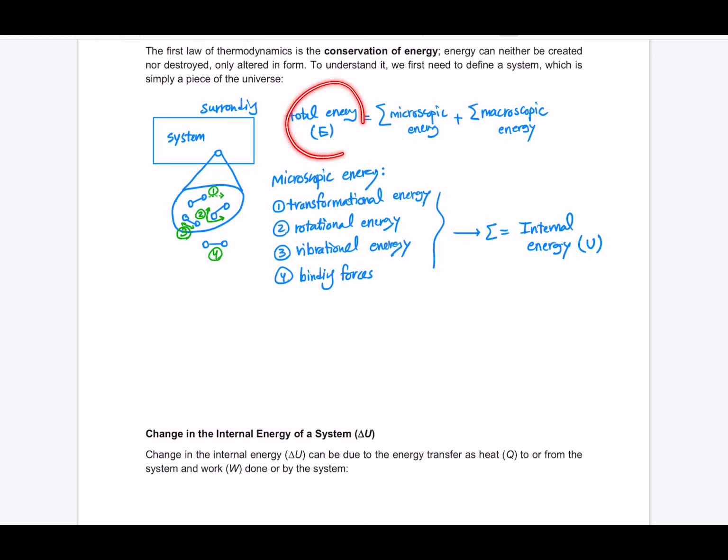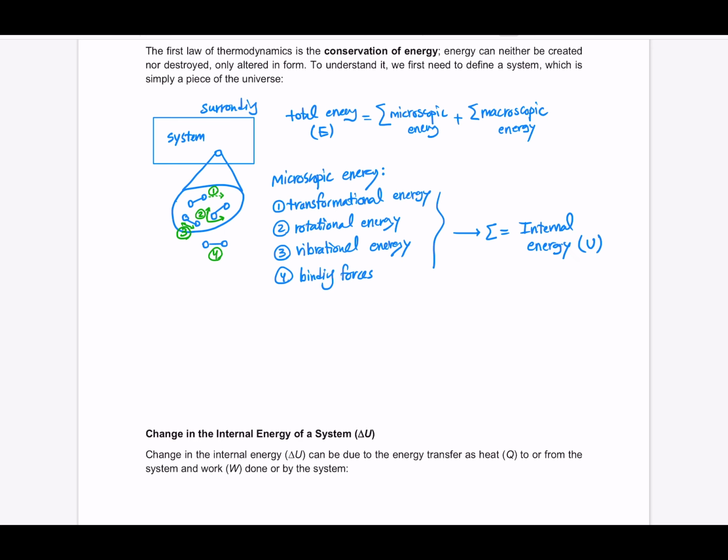But then here, the total energy can also have some macroscopic energy. So it really matters if I'm putting this mug here or on the floor, so sort of a gravitational energy, or it matters if I'm moving it around or if it's just sitting there, a kinetic kind of energy. I'm adding more macroscopic components of energy to the system, so it impacts the overall energy of the system.